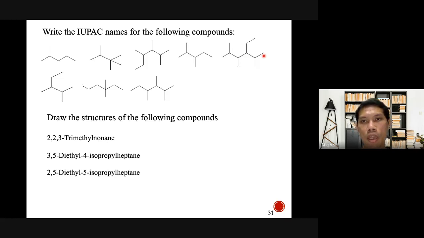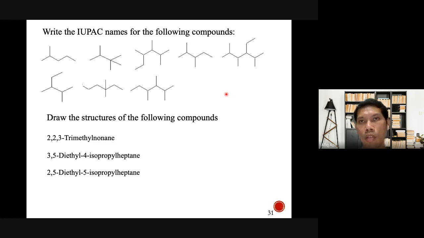So let's say we start from here. If you give 1, 2, 3, 4, and 5, so this will be 2, 3, 4, and 5. And if you start numbering from the other side, it will also give 2, 3, 4, and 5.